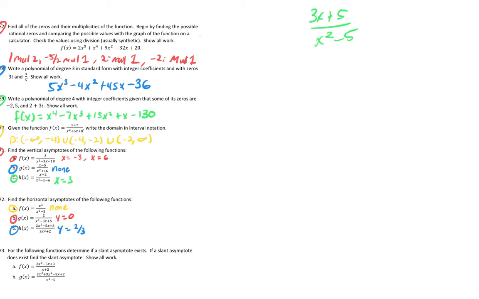So because of that, if this is to be linear, our numerator needs to be 1 power higher than our denominator. So in the case of A, we have an x cubed as the highest power, and the highest power of the denominator is just x to the first. So there is no slant asymptote in function A.